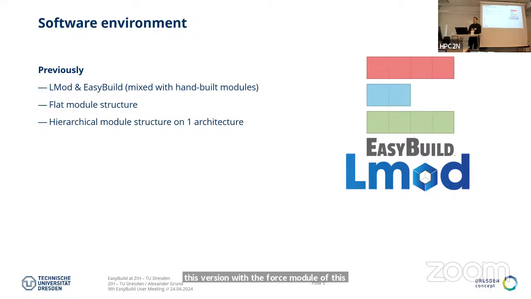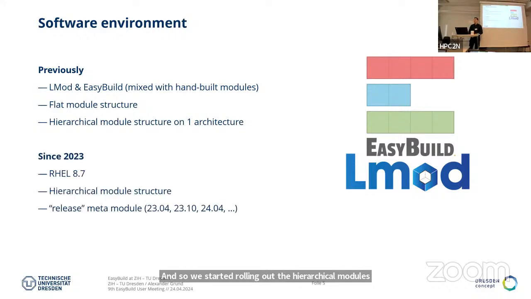And even when I'm updating an easyconfig, I'm still having trouble matching all this together, which version goes with which version. So we started rolling out the hierarchical modules on one architecture first, so one of those partitions, and have now basically fully switched to that on the occasion that we upgraded basically all our system software.